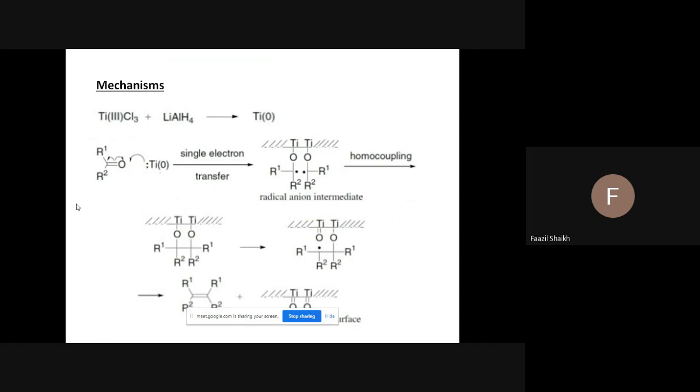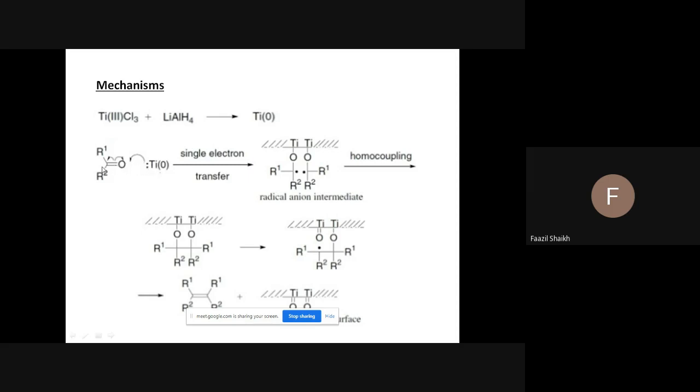This titanium is a d-block element, a 3d series element, and it contains two electrons in its d orbital. Okay, 3d2 4s2. These two electrons of titanium may undergo single electron donation to the oxygen, and that oxygen will form a bond with the titanium.